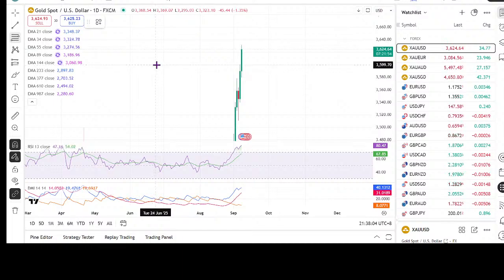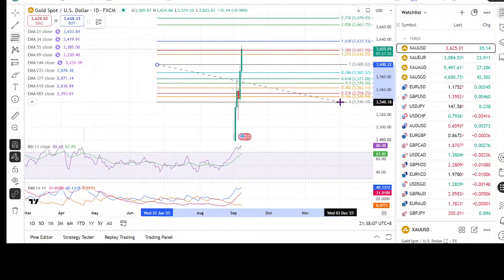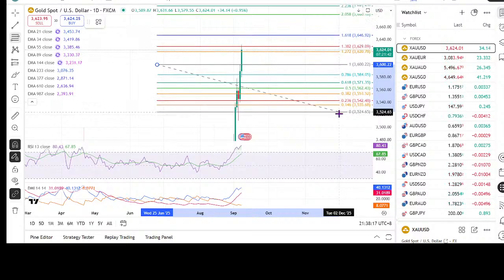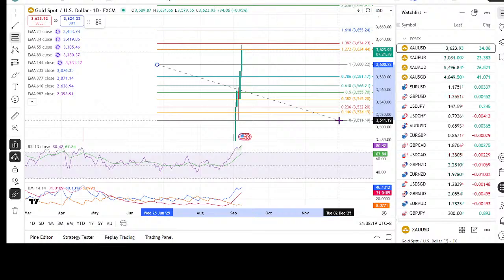For today's high, most likely we are expecting the high to be somewhere near 36, 37 and 36, 34 and 36.55.